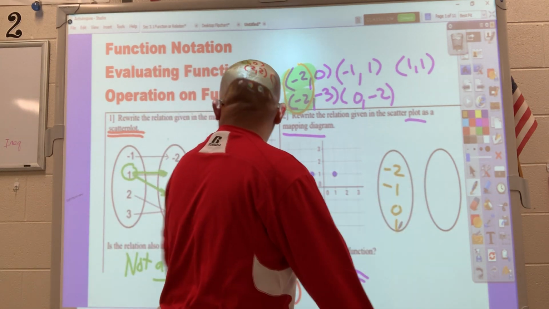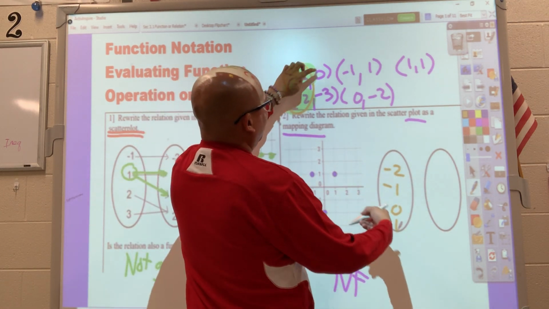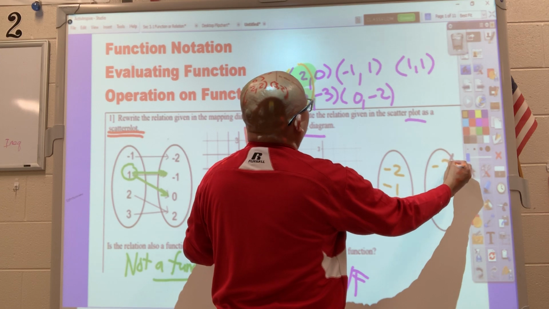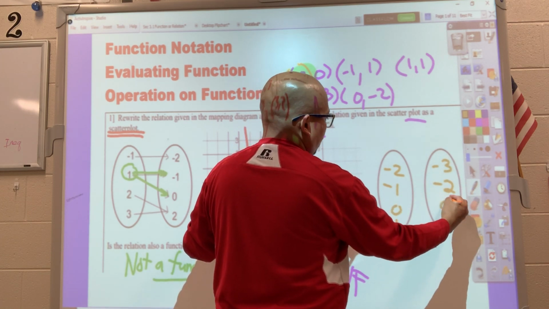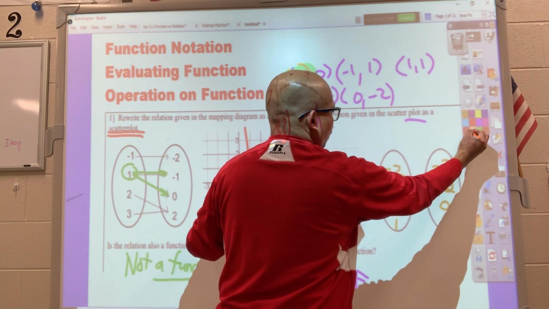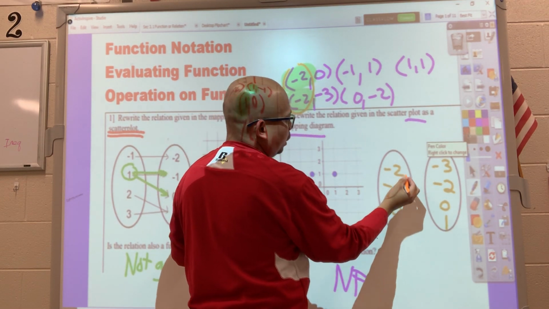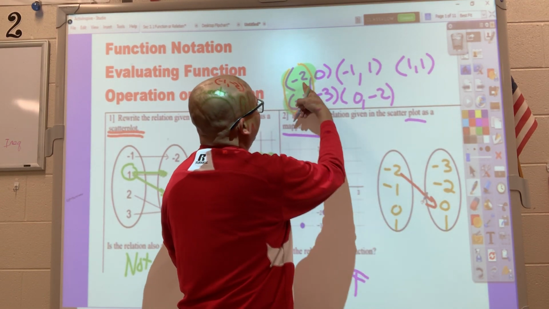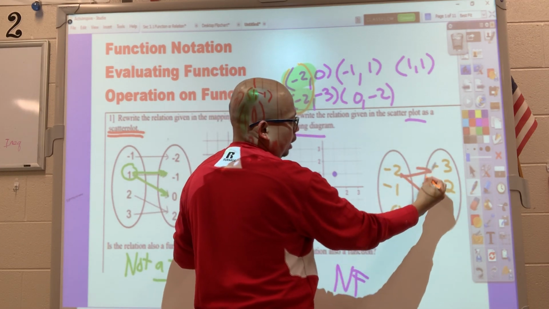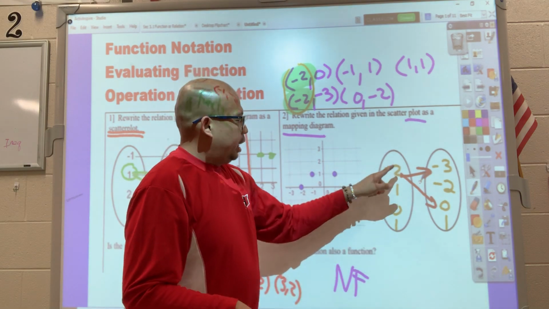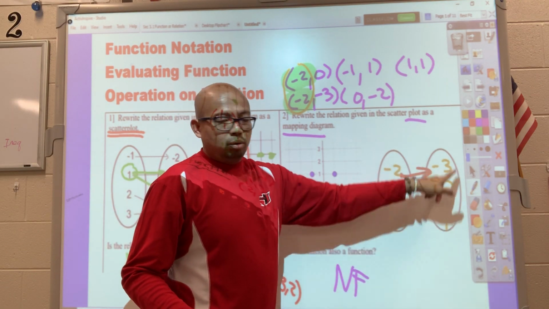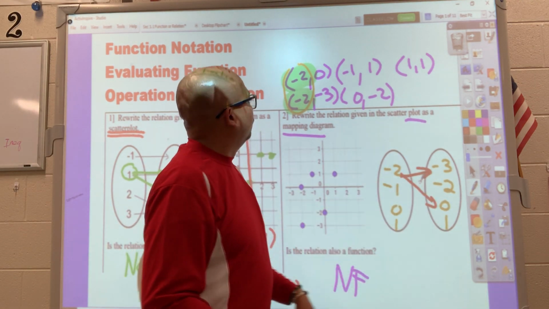But for the y values, you're going to start with -3, -2, 0, 1. And we know that the -2 is going to 0. The -2 is also going to -3. That's why you can tell that -2 is cheating. He is dating two numbers, -3 and 0.